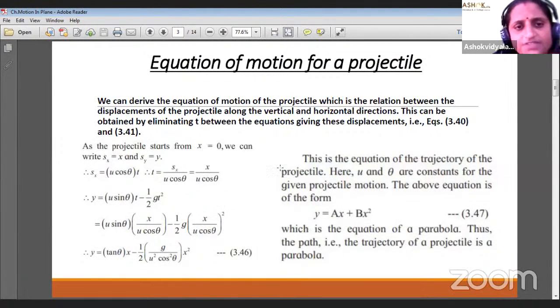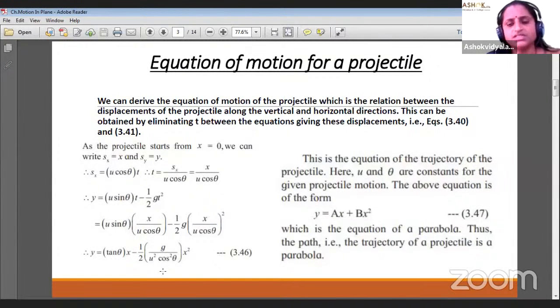Now I will explain this point again. Equation of motion of a projectile: we can derive the equation of motion of the projectile, which is the relation between the displacement of the projectile along the vertical and horizontal direction. This can be obtained by eliminating t between the equations giving the displacements. Taking Sx as displacement x and Sy as displacement y and substituting, the equation becomes y equal to tan theta into x minus half g upon u square cos square theta into x square.